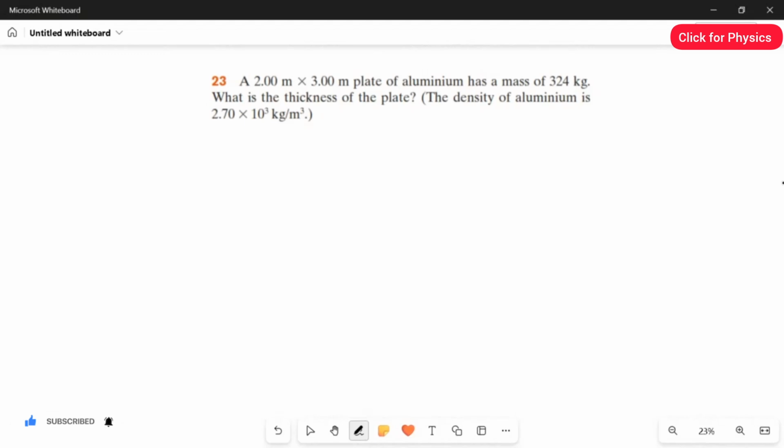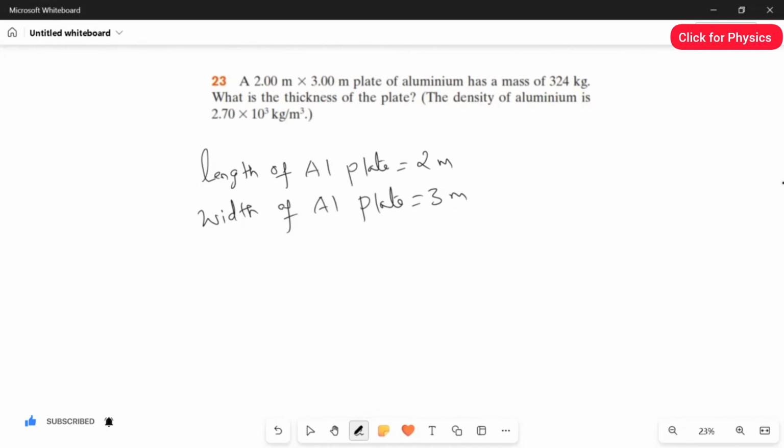They gave the area of the plate. That means here 2 meter cross 3 meter is nothing but the length and the width of the plate. So the length of the aluminium plate is 2 meter, and then the width of the aluminium plate is 3 meter.